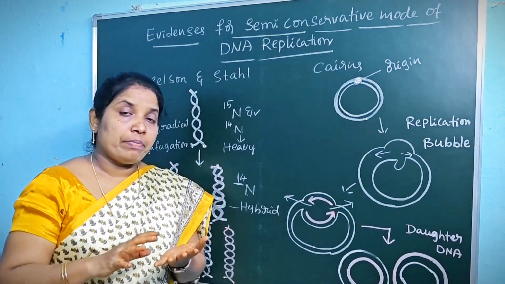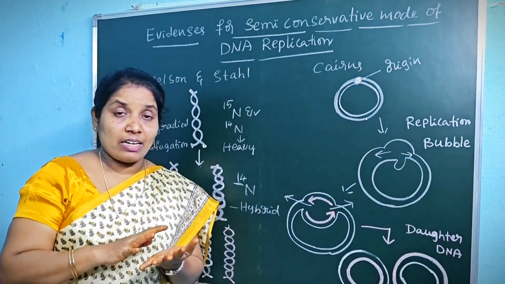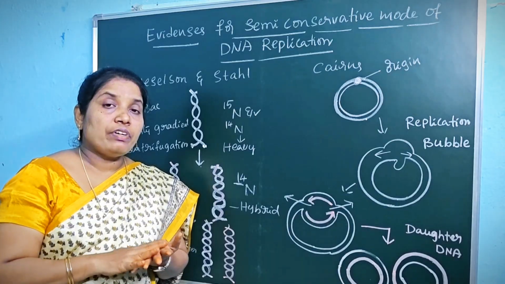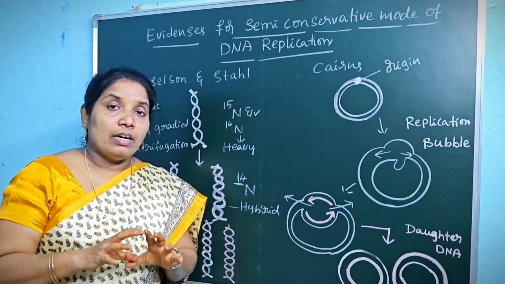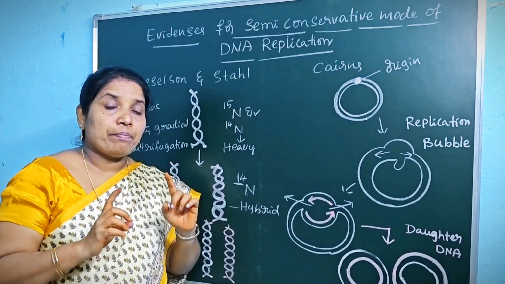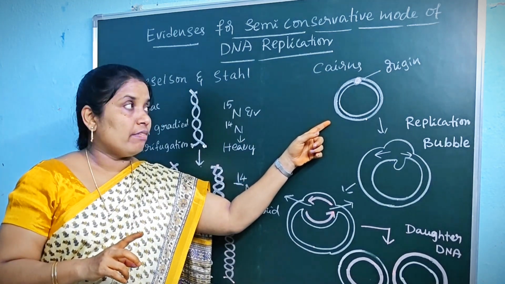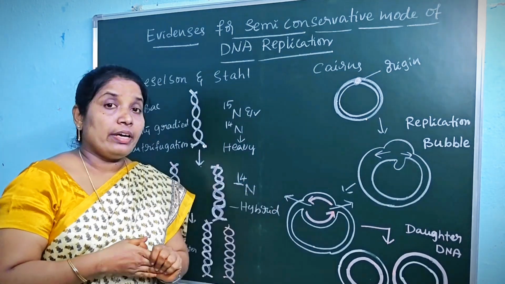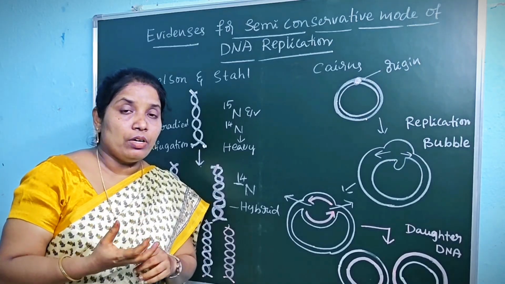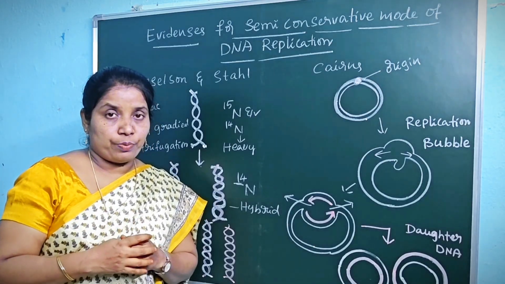He kept the slide in a dark place. After developing the film, he found the replication bubble in the DNA. E. coli has circular DNA, so he found the replication bubble under the microscope.